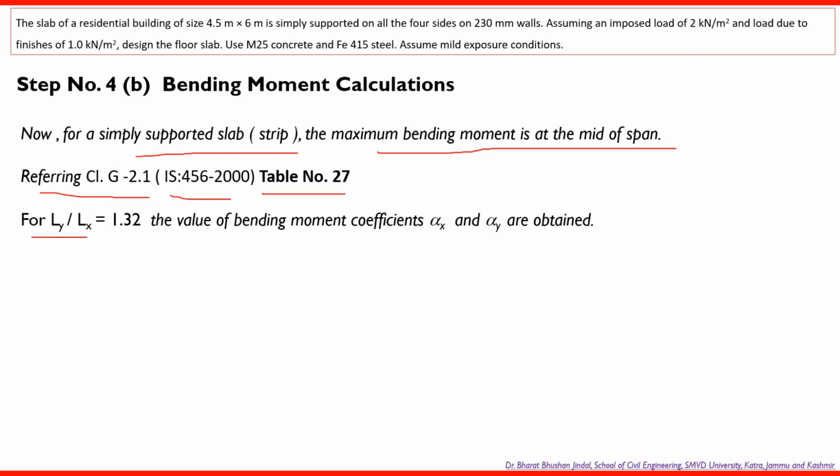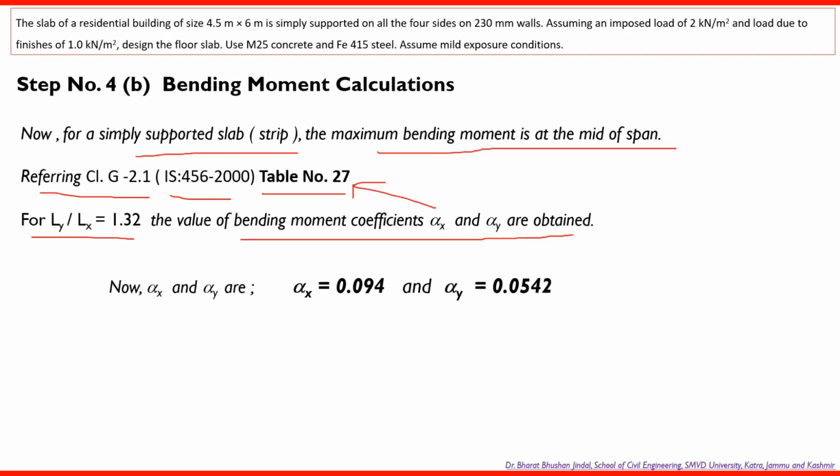First of all, we have to calculate the Ly by Lx ratio, which comes out to be 1.32. Then, based on this value, we can get the bending moment coefficients alpha x and alpha y from Table 27, along the x direction as well as the y direction.